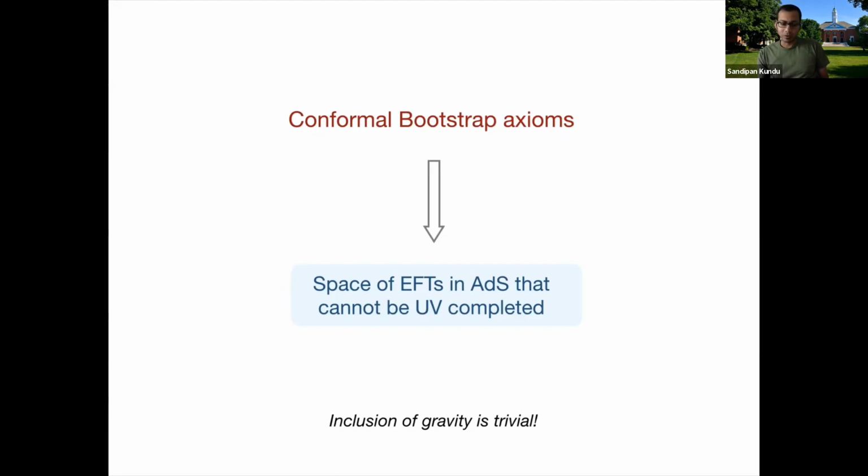The problem is not taking the large AdS radius limit for the effective field theory. It's sometimes in the dual CFT, when you take the large radius limit, some of the anomalous dimensions become too big. So even though in the effective field theory language there is nothing funny going on, in the dual CFT there can be things that are not well defined. We have to avoid those kinds of situations.